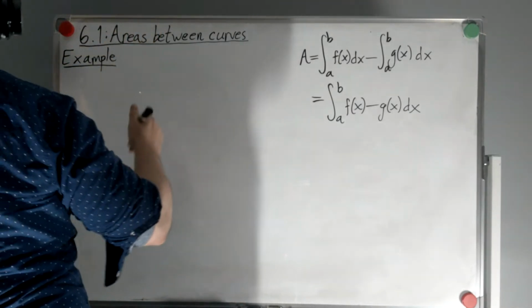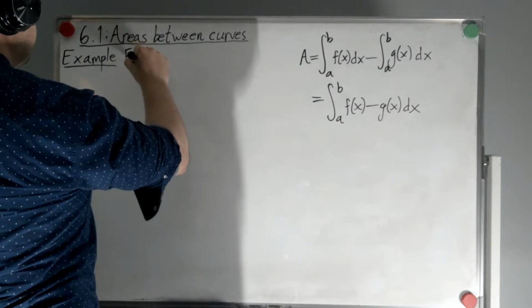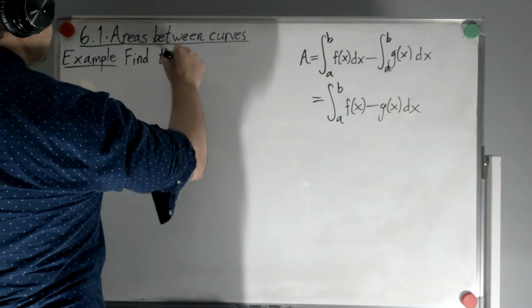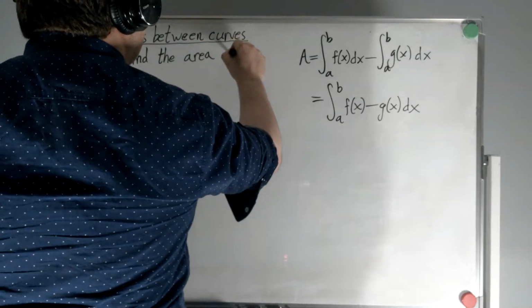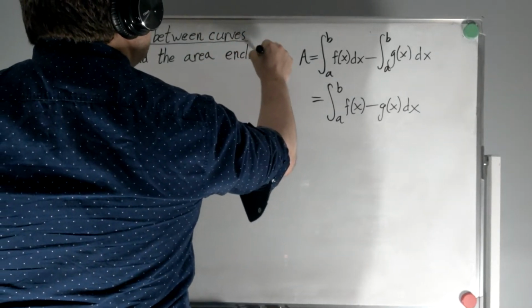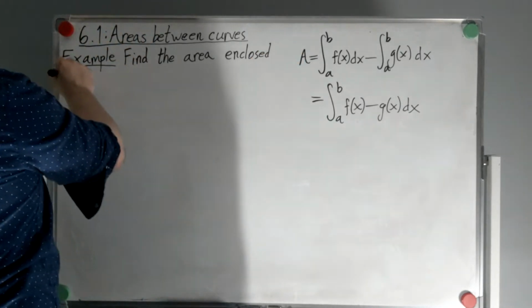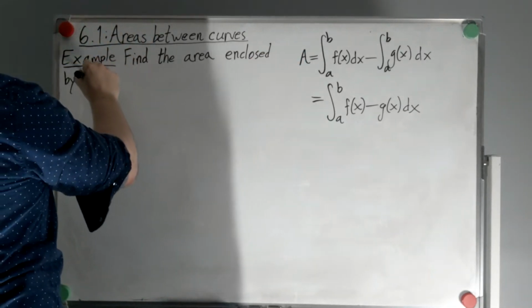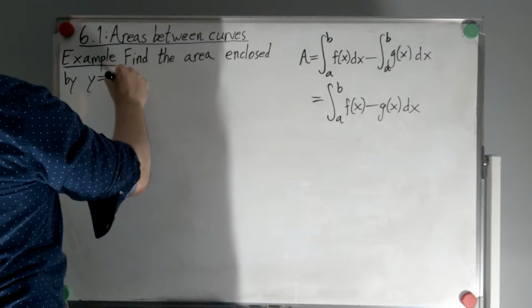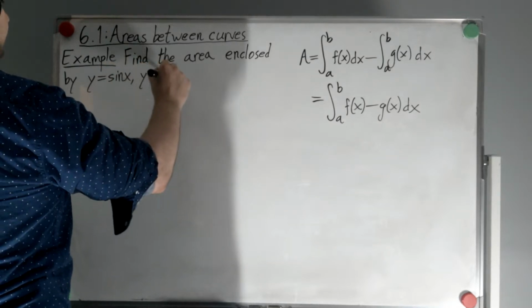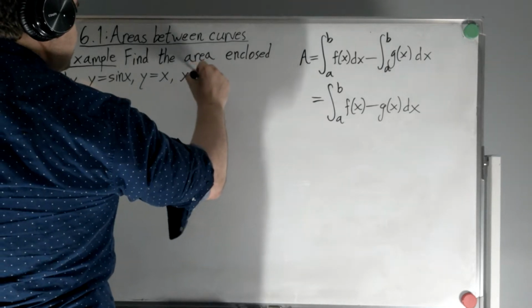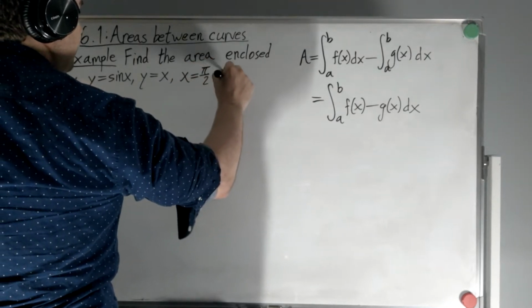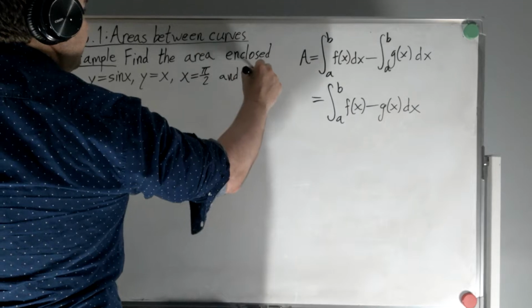So, let's say we're going to find the area enclosed by the curves y equals sine x, y equals x, x equals pi over 2, and x equals pi.